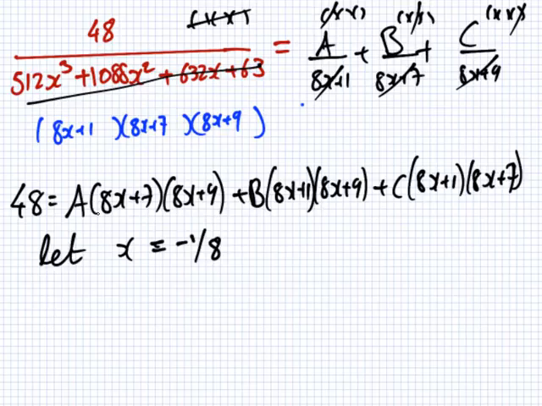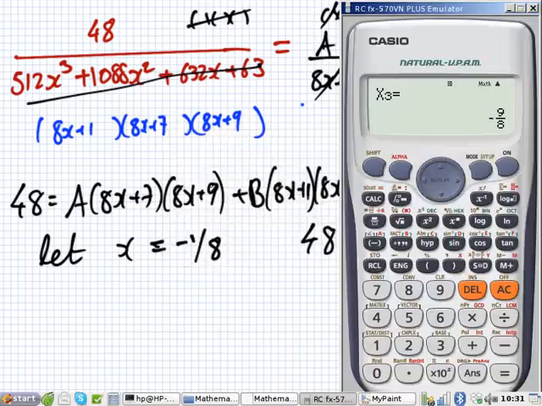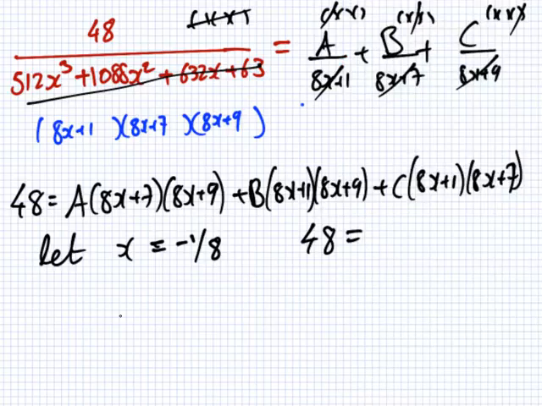So I'd get 48 equals 6 multiplied by 8, 48, isn't it? Let's double check that. Yeah, so that's nice. You get 48 equals 48A, so A equals 1.